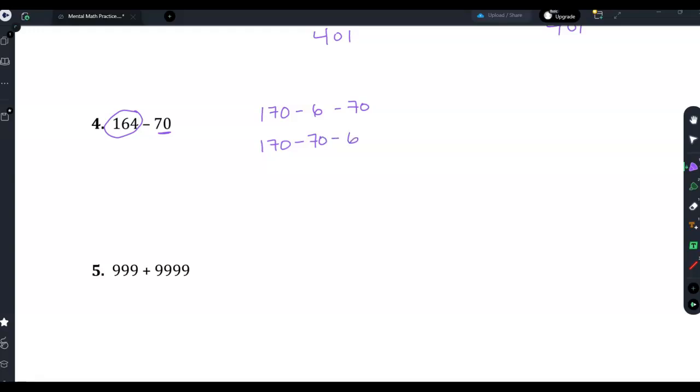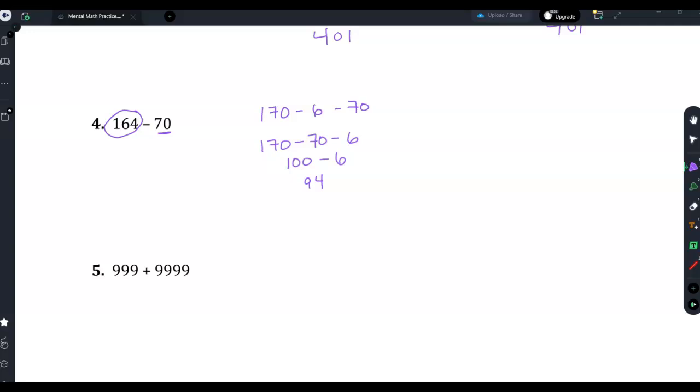That's just 100. And then I would say, oh, well, I didn't really have 170 to start with. I only had 164. So I actually ended up subtracting from a number that was 6 higher than what it should have been, right? So then I need to subtract that off in the end. So 100 minus 6 gives me 94.